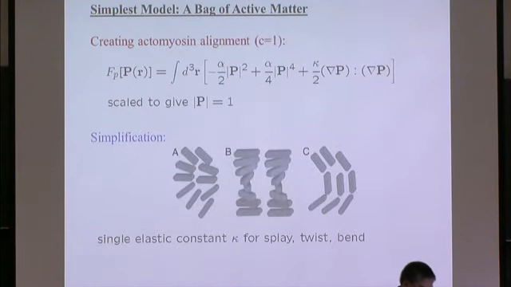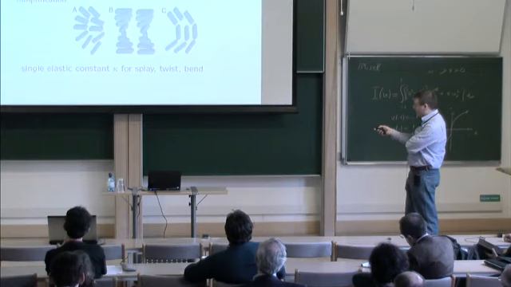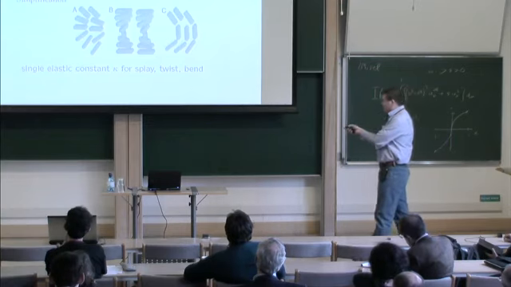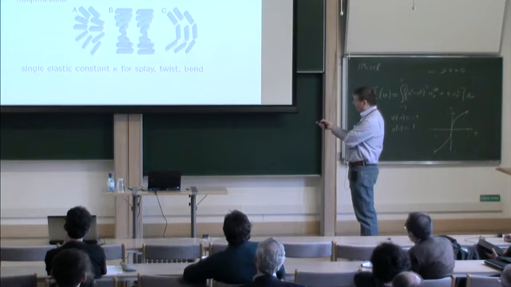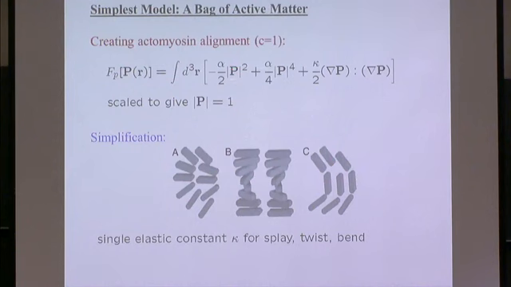And I've told you it's polar. So again, this should not look too unfamiliar to this audience. This is again a quartic free energy, designed to give you a spontaneous symmetry breaking in states of finite polarization, and the coefficients here are scaled to give you an equilibrium magnitude for the polarization vector of unity.